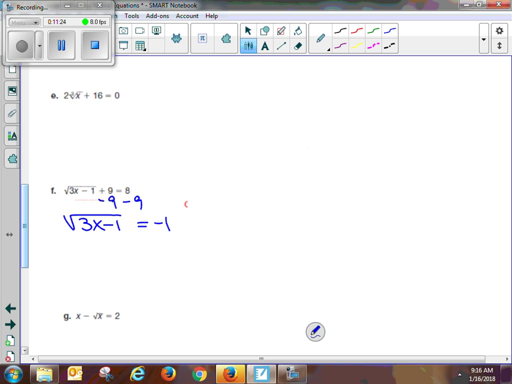What I see right there is square root of something equals a negative number. Do you agree with what I wrote? Is that possible? Can a square root equal a negative in the set of reals? So if I keep working this through, which you could, it's going to end up with an extraneous solution. It's not going to check.